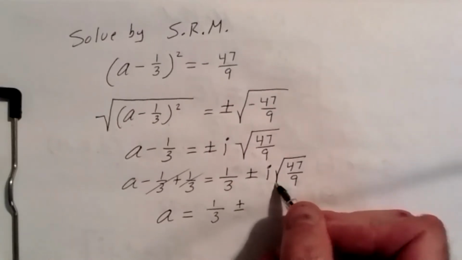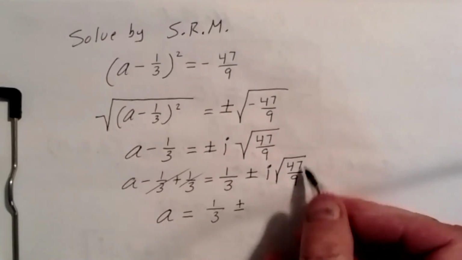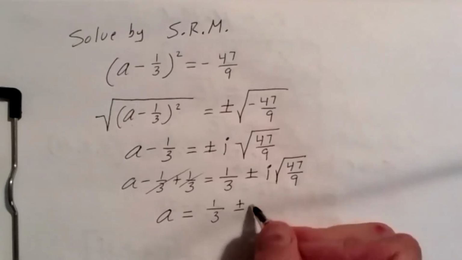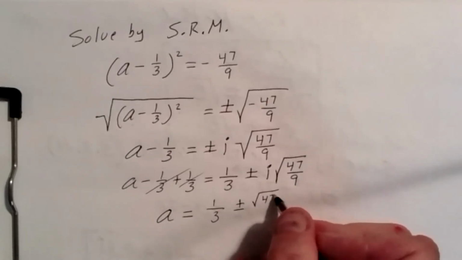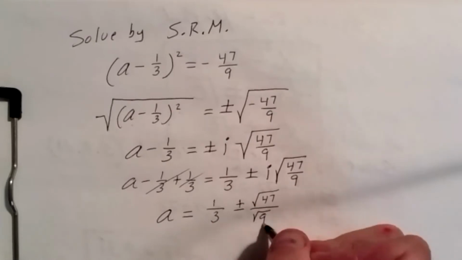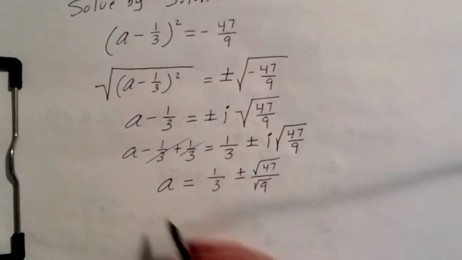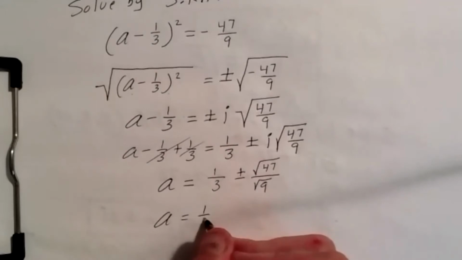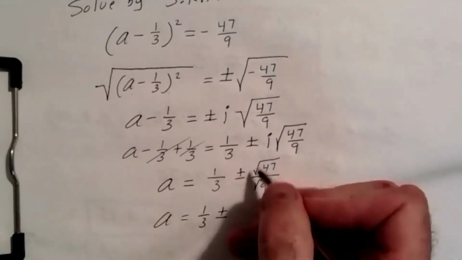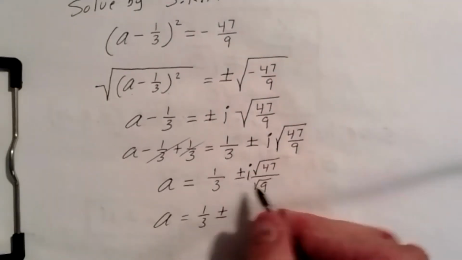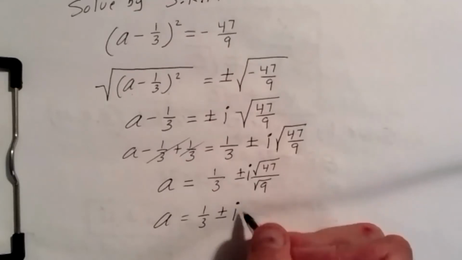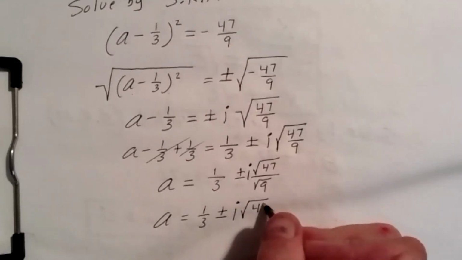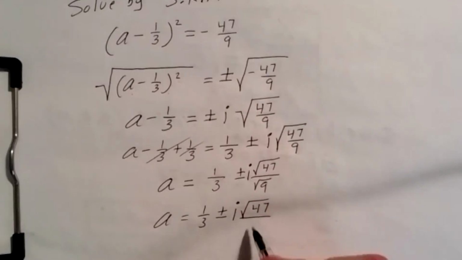Can we simplify the square root of 47/9? We were taught in the past never to leave a fraction underneath a radical, so we would use our quotient rule of radicals and rewrite this like this. Almost there. So we got a is equal to 1/3 plus or minus. Oop, I forgot my i. Sorry about that, ladies and gentlemen. Plus or minus i times the square root of 47 over what? What's the square root of 9? 3?